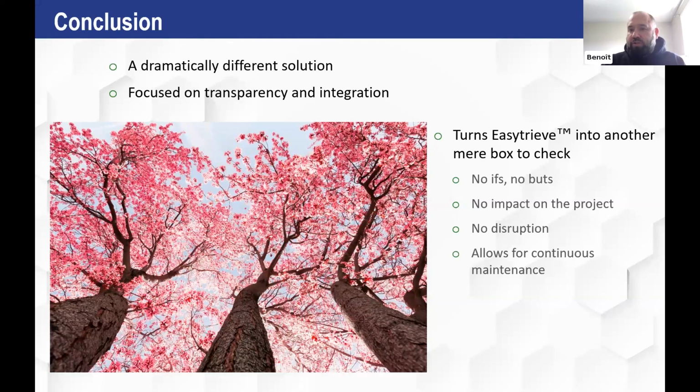So it should be no impact on the project, because we don't change the source code. It doesn't create a disrupting step, and it allows for continuous maintenance. So the source stays the same, which means if you need something changed, you can just go and change the source code, like they would do on the mainframe during the project.